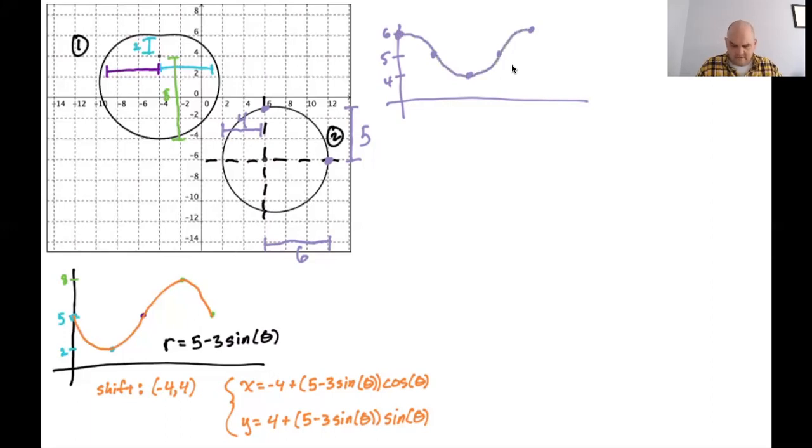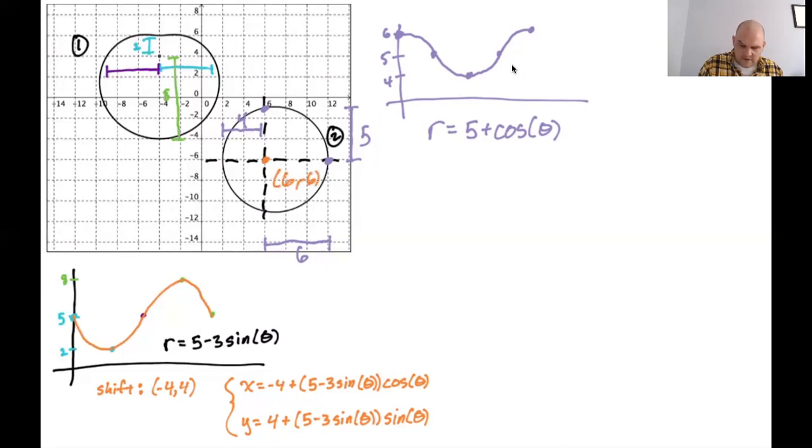Okay, looks like that. So I'm going to say r is 5 plus 1 cosine of theta. And then I know that my shifted origin is here, which is 6, negative 6.